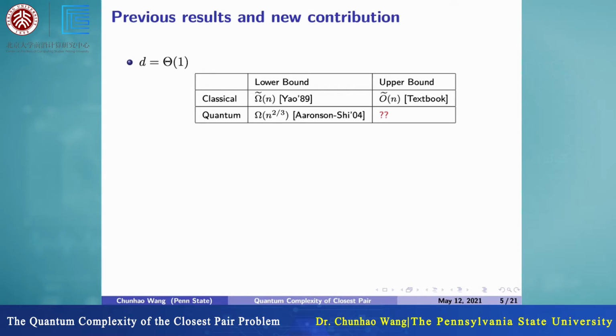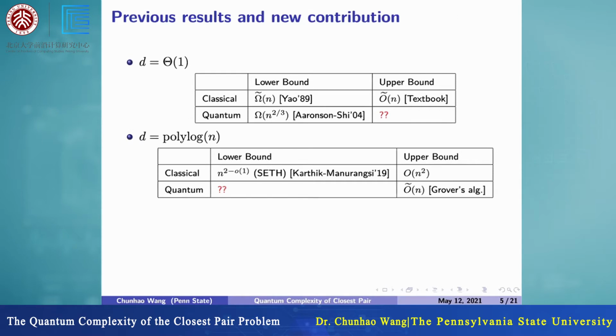This lower bound was for the element distinctness problem, but it also applies to the closest pair problem because element distinctness is a special case of closest pair. You can think of element distinctness as the closest pair on a line. So the lower bound still applies to closest pair.